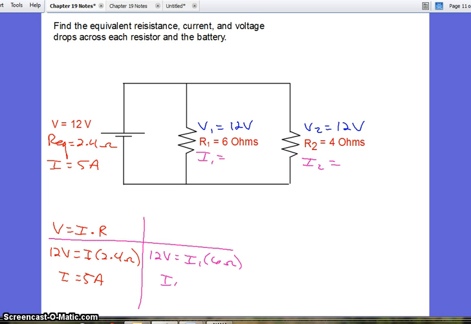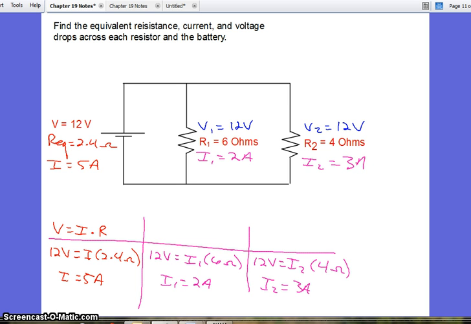And we get the current through the first resistor as 2 amperes. Now we can solve for the current in the second resistor. Again, our voltage is 12 volts, we are finding our current, and our resistance is 4 ohms. And so we get the current through the second resistor to be 3 amperes.